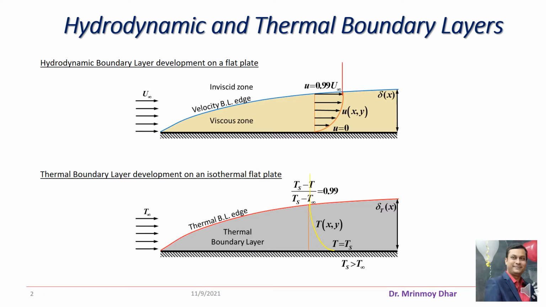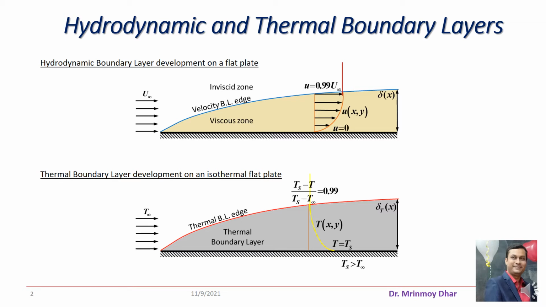And if we see, with the advancement in the x direction, the boundary layer height keeps on increasing. This boundary layer height is here denoted by delta, which is a function of x.